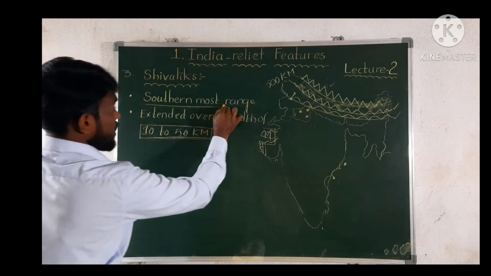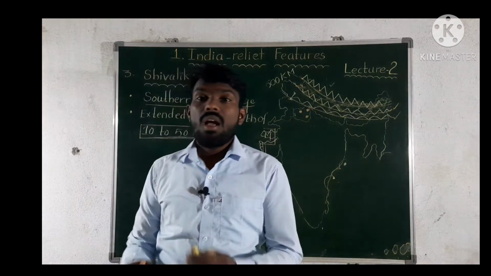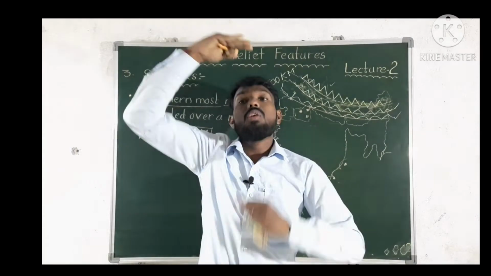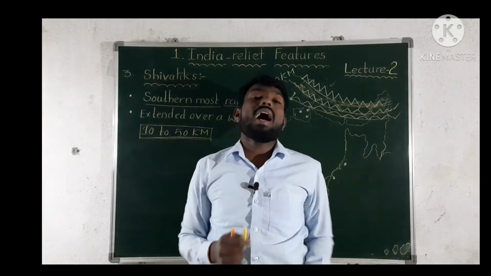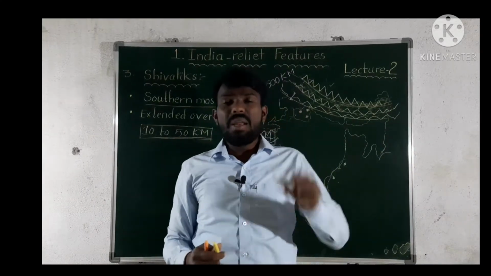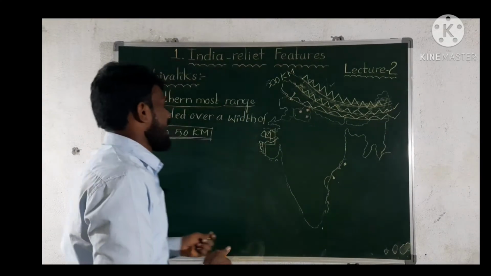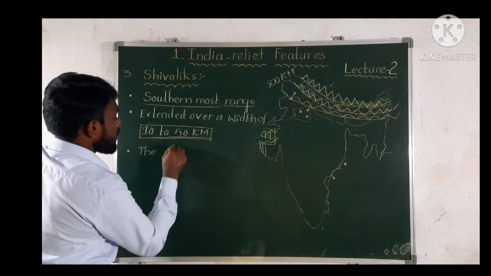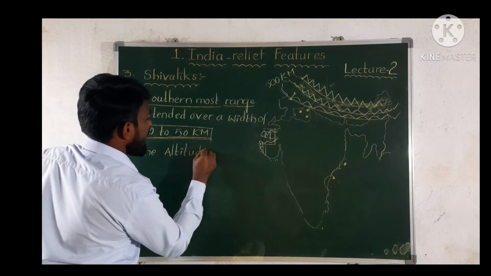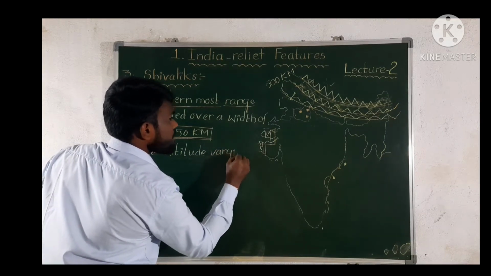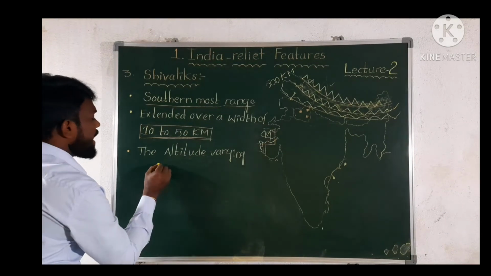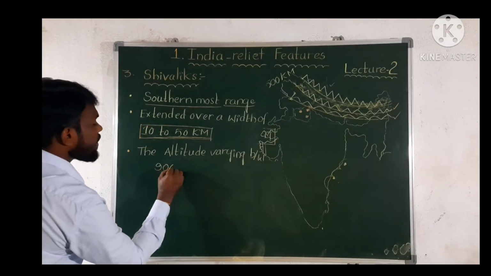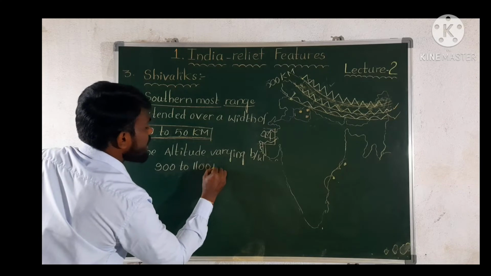The altitude, the height of these Shivaliks, varies between 900 to 1100 meters.